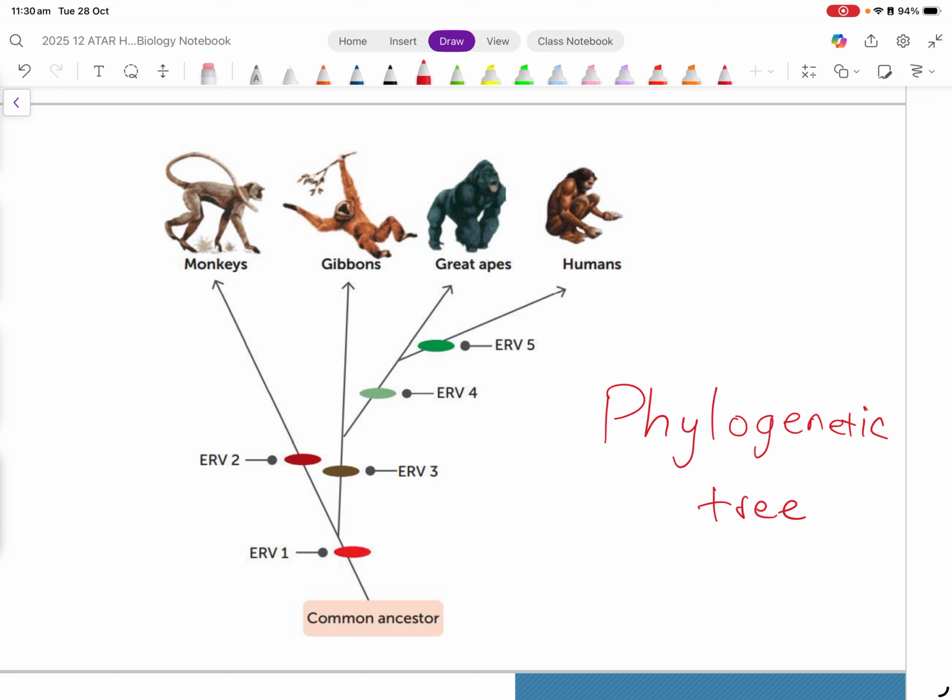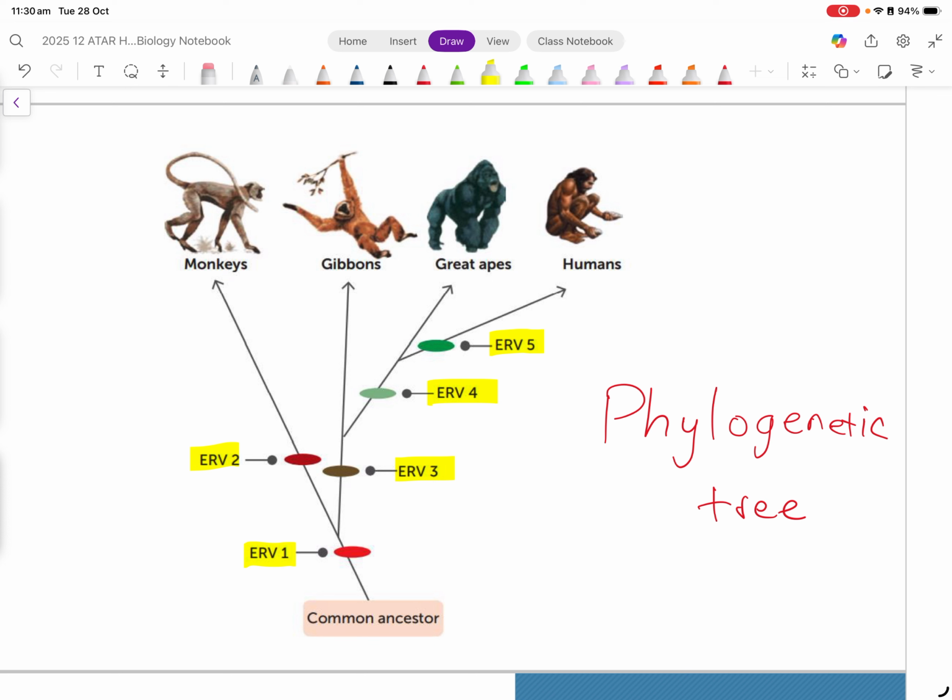Now, the point with this particular phylogenetic tree is looking at these things known as ERVs, or endogenous retroviruses. Endogenous retroviruses are simply viruses that affected the gametes of a particular species at a particular point in time, and because they've affected the gametes, they are going to be found in every descendant of that particular individual that was initially affected.